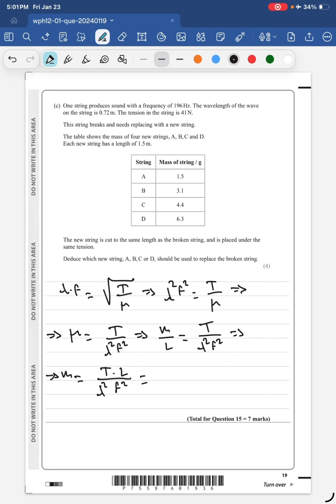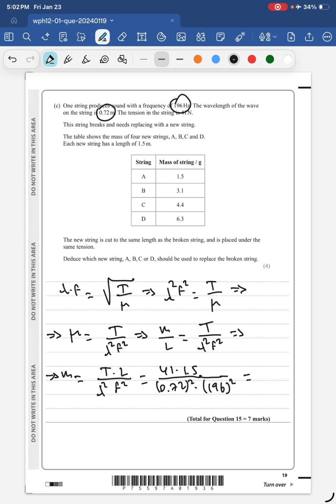I didn't. Okay, 41 newtons is the tension. We have 1.5 meters for the length. Lambda is the wavelength, 0.72. Don't forget to square, and 196 hertz for the frequency squared again.